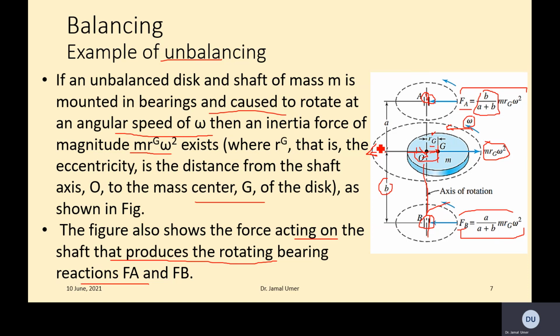There are three things which are important to consider here. One thing is why this RG is here. We don't want to produce it. For example, if we want this disc to be attached at G, but because of some eccentricity or the precision of manufacturing, you manufacture the shaft, it has some tolerance. You manufacture the disc, it has some tolerance.